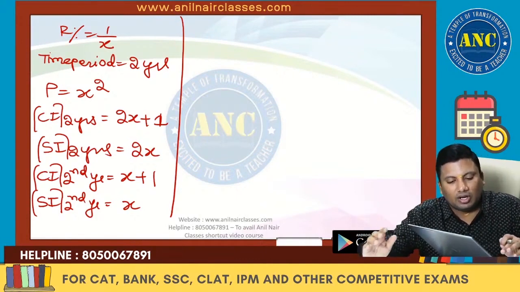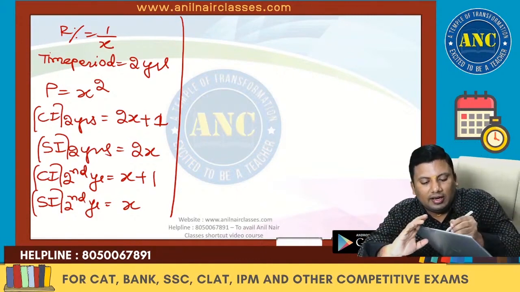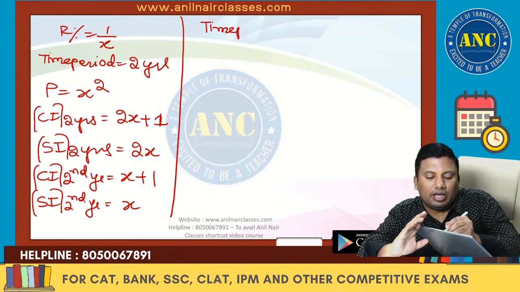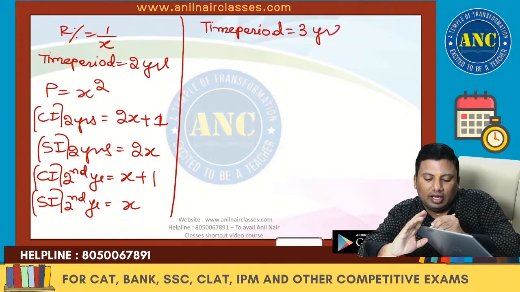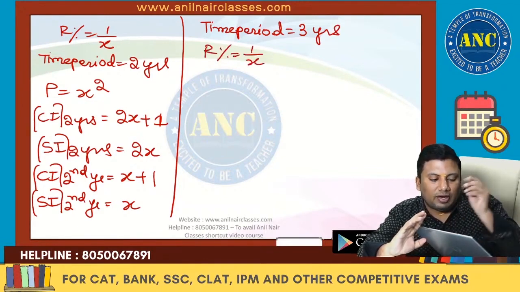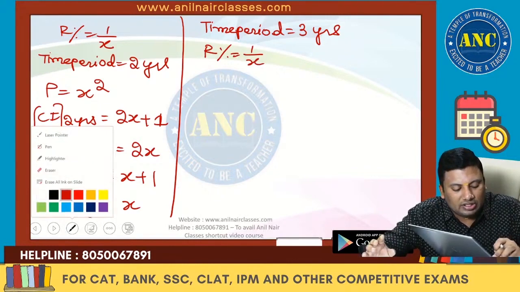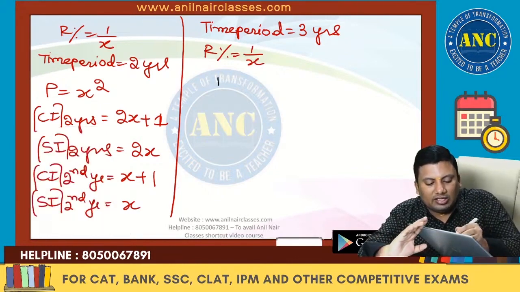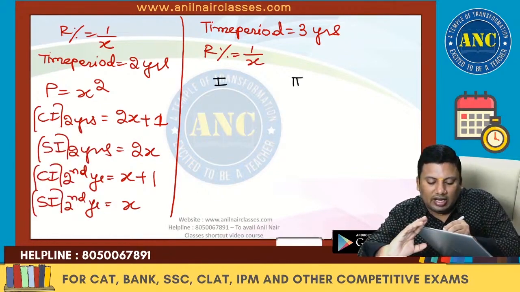Now we will solve. Now we will see the time period equivalent to 3 years. If the time period is 3 years, R percentage is 1 by x. There is the first year, the second year, and the third year.